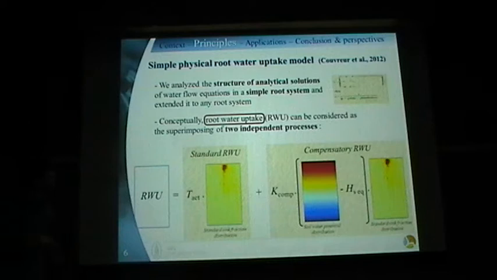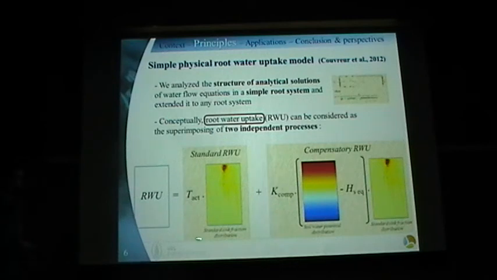And here you can also find one of the macroscopic parameters, which we call compensation conductance. It accounts for the fact that roots with higher conductances can more easily adapt their uptake to the conditions of the soil water potential distribution.